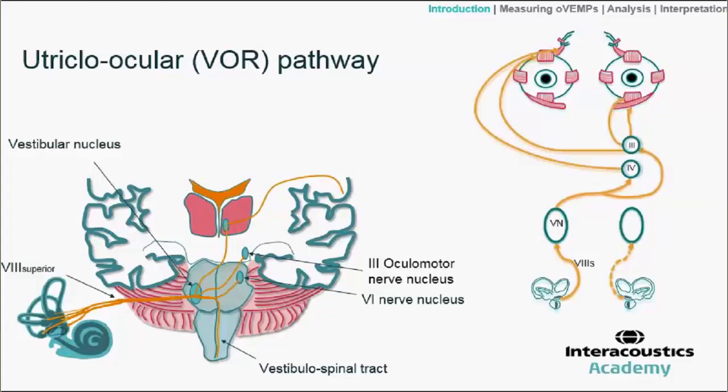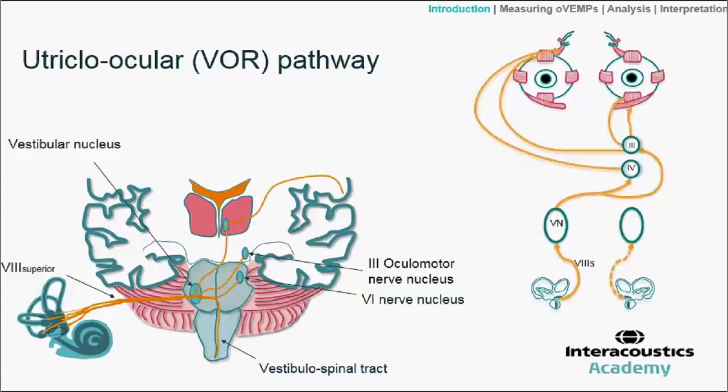This is innervated primarily by the superior branch of the 8th cranial nerve, and via a series of reflex pathways, shown in simplified schematic format in these two pictures here, we can trigger reflexive contraction in the rectus and oblique muscles.